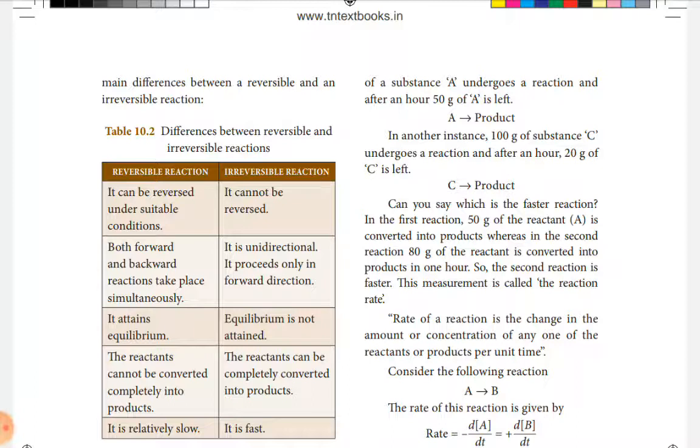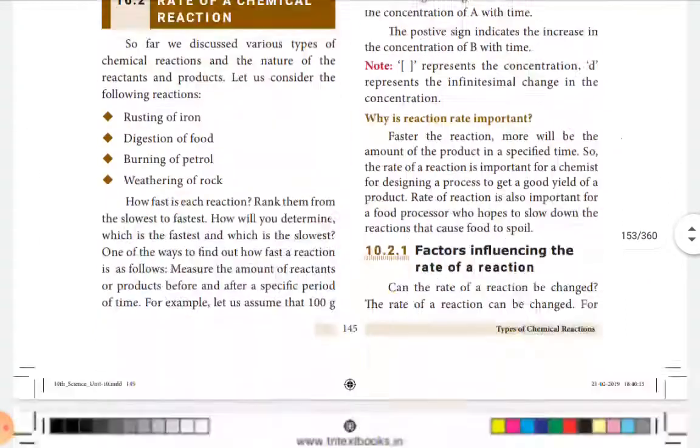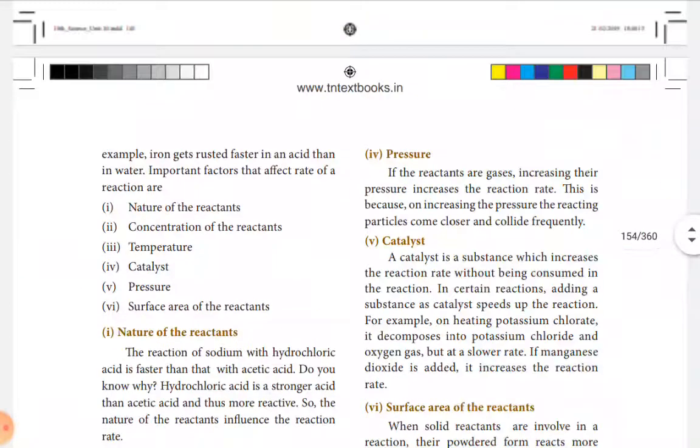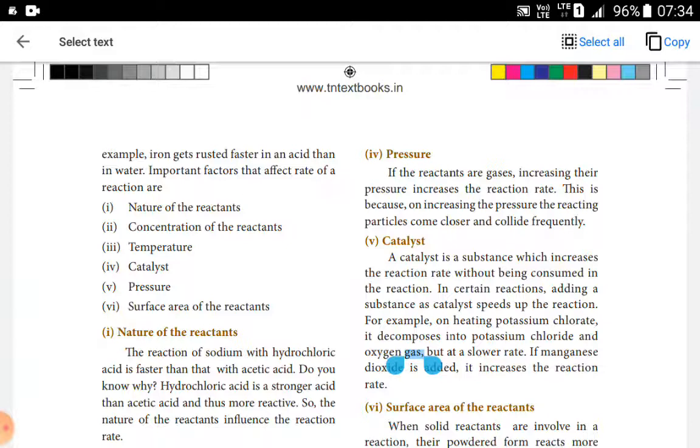And next, there are 6 factors which influence the rate of chemical reaction. Nature of the reactant, whether it is going to be an organic acid or inorganic acid used in the chemical reaction. Depending upon the nature of the reactant, the rate will be changed.